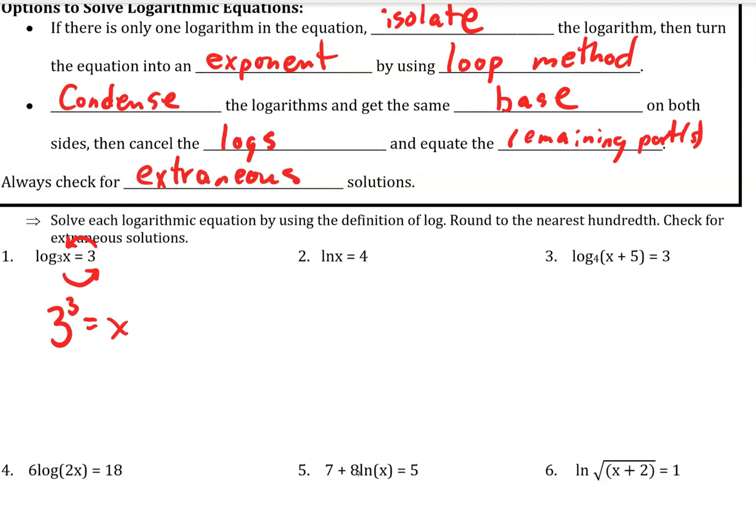We take our 3, move it over as an exponent, and we move our x to the other side. So 3 to the 3rd equals x, so x equals 27. Does that make sense? Log base 3 of 27 is asking what power does 3 have to be raised to get 27? The answer is 3.